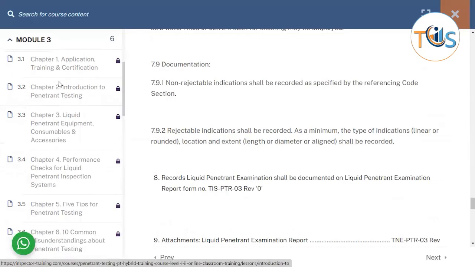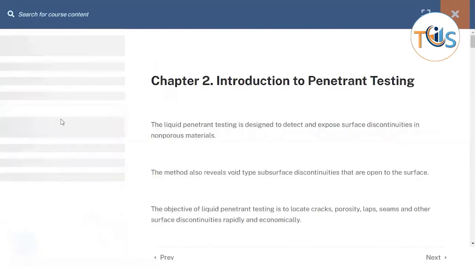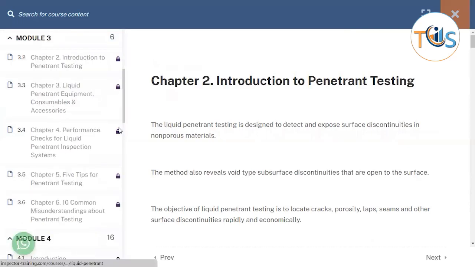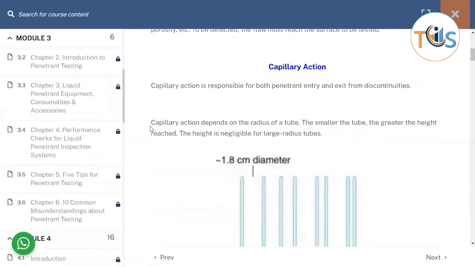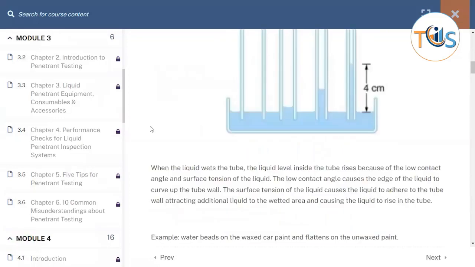Module 3, which is the main module, talks about application, training, certification, and introduction to penetrant testing, liquid penetrant testing, equipment in chapter 3, and performance checks for liquid penetrant inspection.